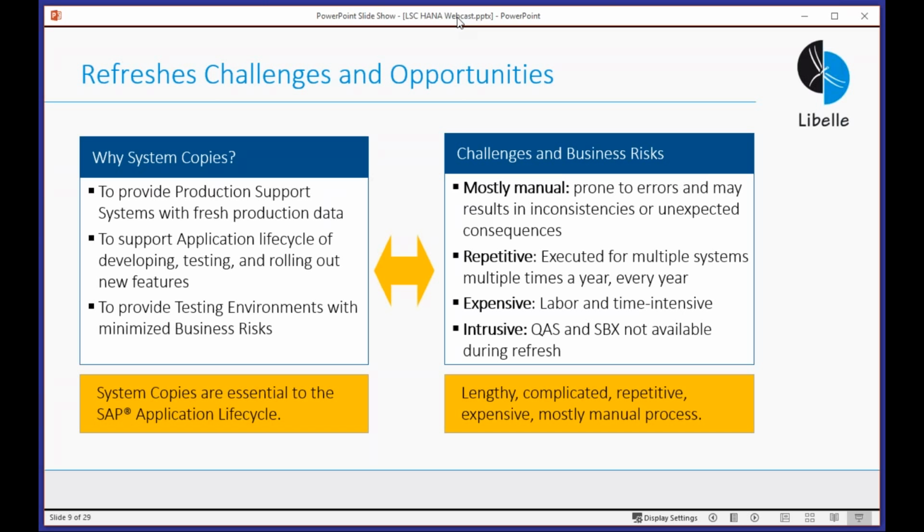So instead of having a senior basis admin doing a refresh for 2 weeks, he could work on the next generation architecture of your SAP landscape. So it's something where you can use automation software to provide value to your business.